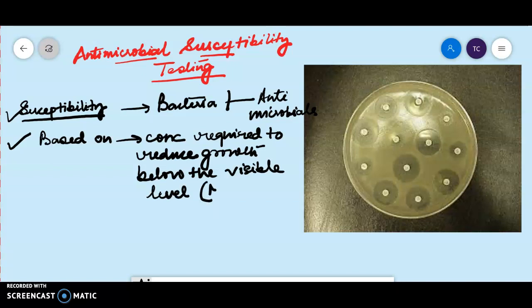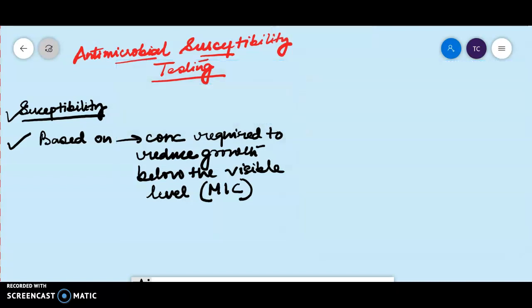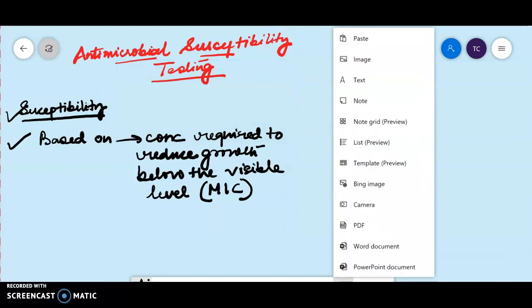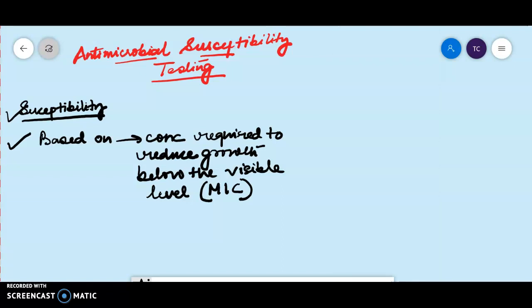Okay, so that is your MIC, that is your minimum inhibitory concentration. So for that, you know that this antibiotic susceptibility testing has many classifications. So we will move on to your classification one by one.